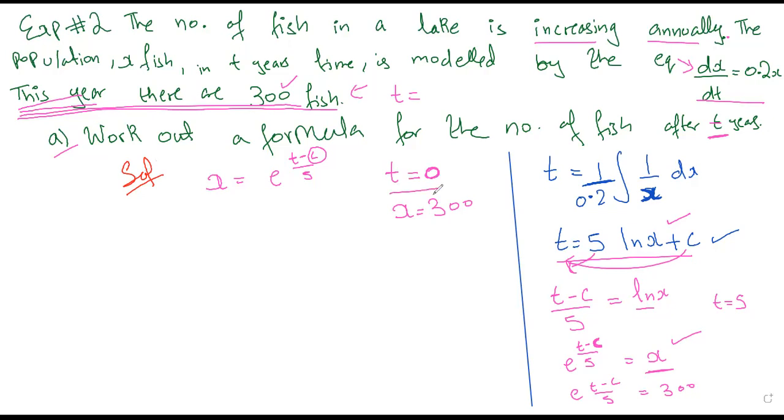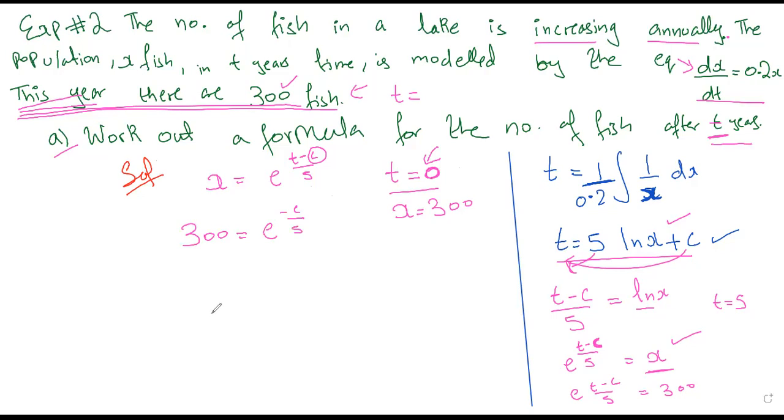Not in every question, but this time around, since we are making this formula for t years, this year means that t would be 0. This is our starting point, the initial value. So 300 equals e to the minus c by 5.